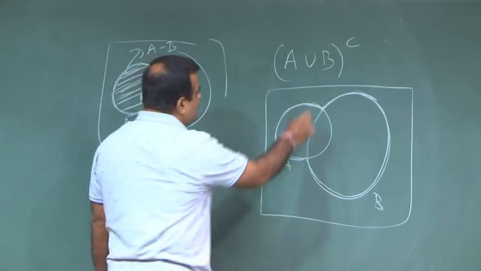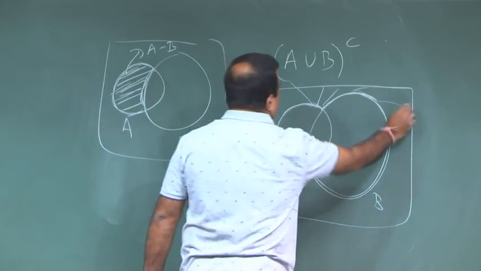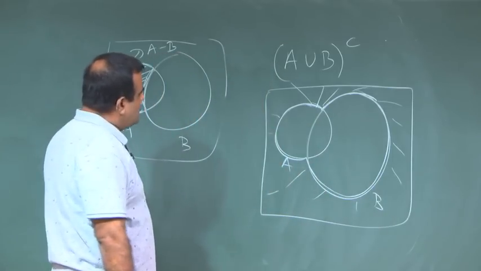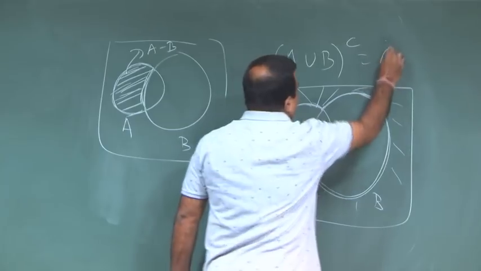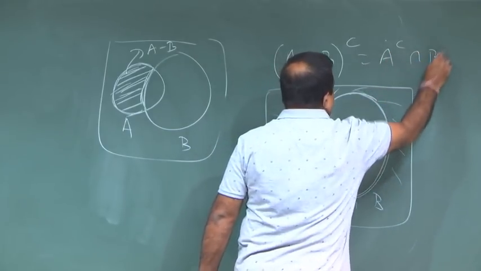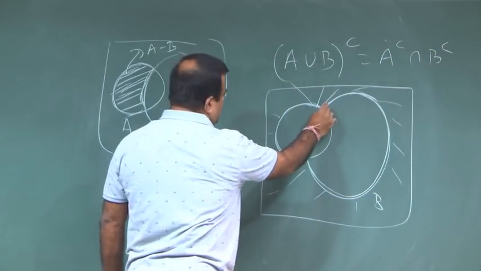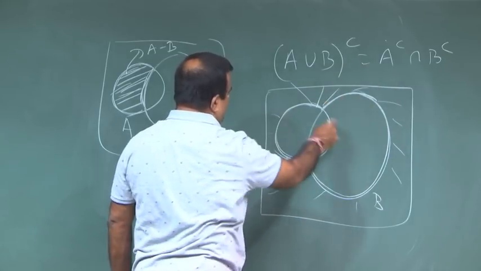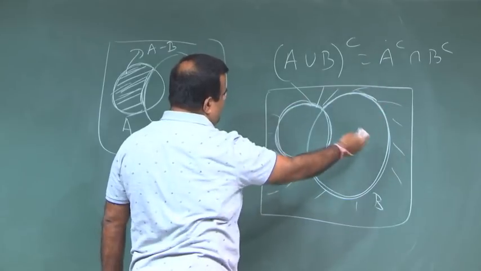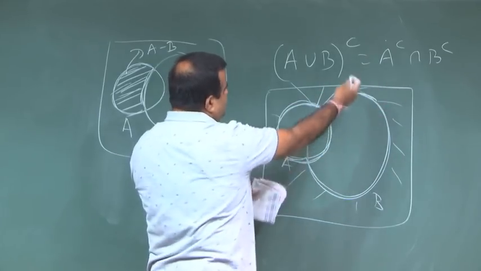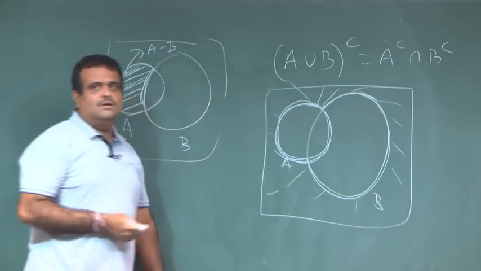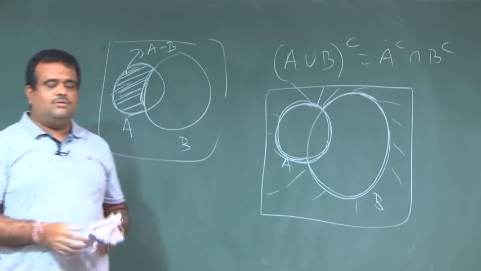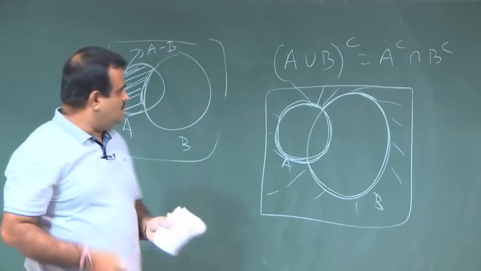Now, its complement means this one. Now, that is nothing but A complement intersection B complement. A complement is this one, outside A, and B complement is this one. So, their intersection is basically this one. By seeing this Venn diagram, the proofs become a little easier.